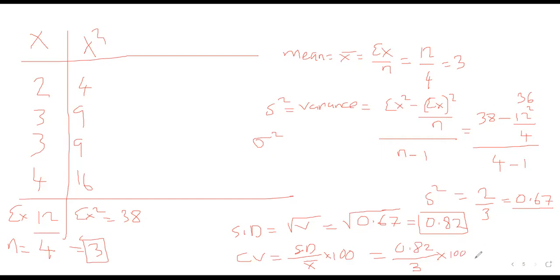What do we get as a percentage? 27.3%. 0.82 divided by 3 times 100. 27.3%.